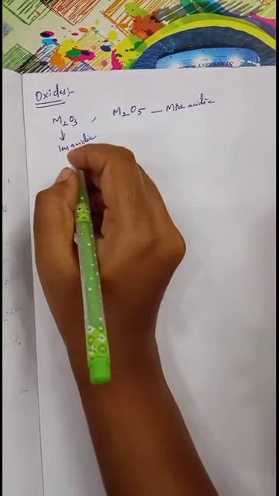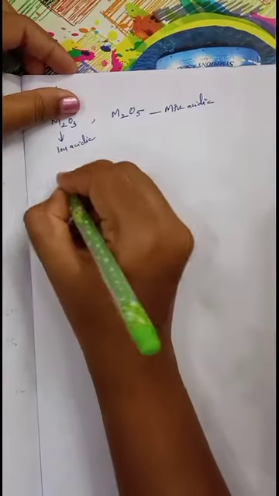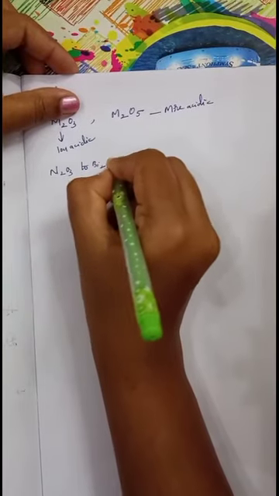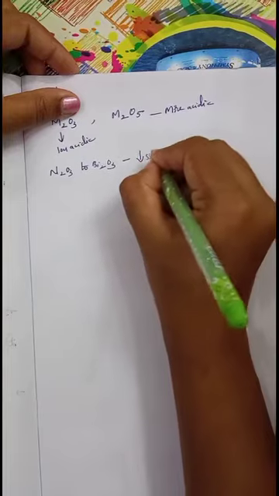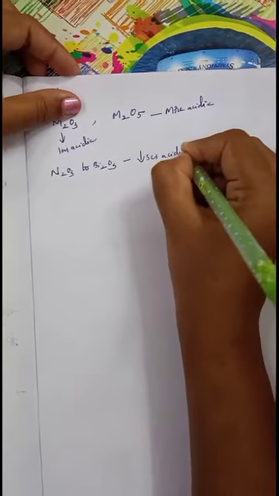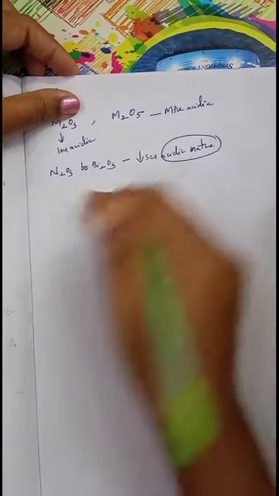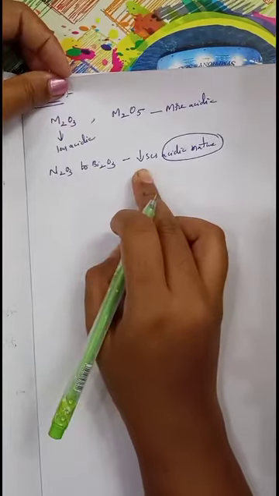Now, the acidic nature of trioxides like N2O3 to Bi2O3 decreases. So from nitrogen trioxide to bismuth trioxide, the acidic nature decreases.